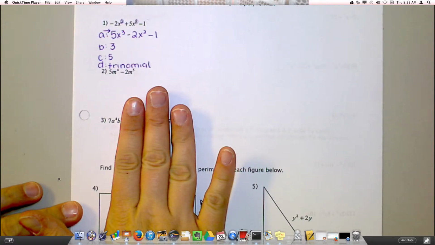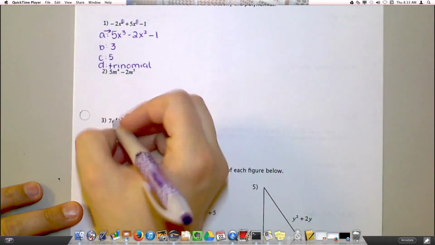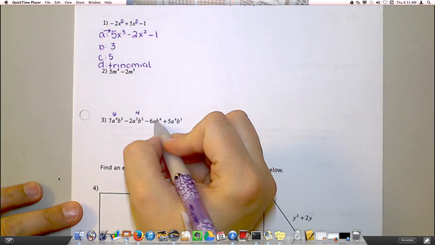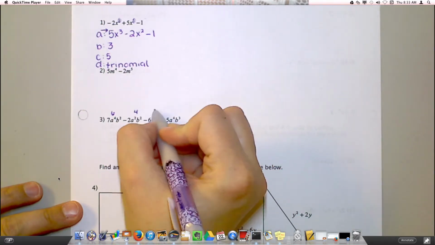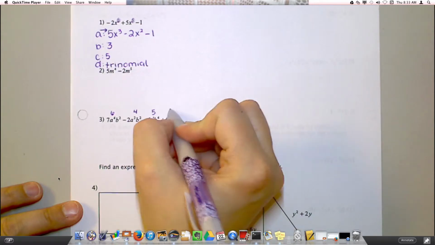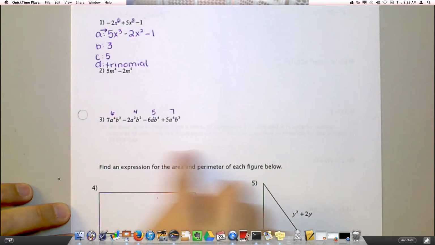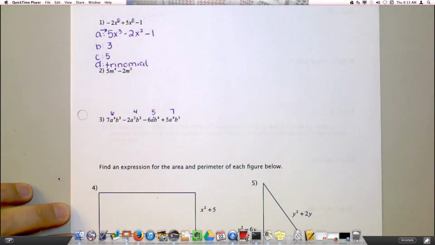Remember what to do with those? You add them together. So this piece really has a degree of 6. This piece has a degree of 4. This one would be a degree of 5. And this one would be a degree of 7. And I would put them in order by those, like the total of the exponents.